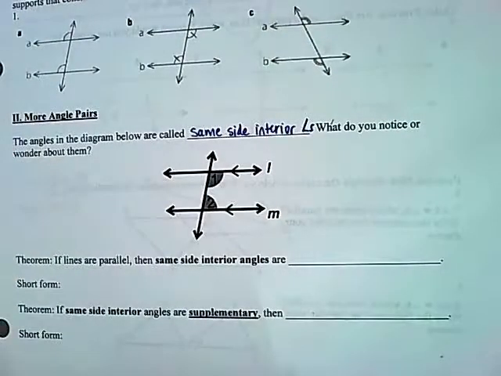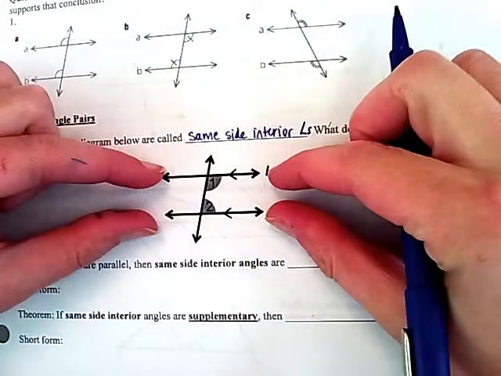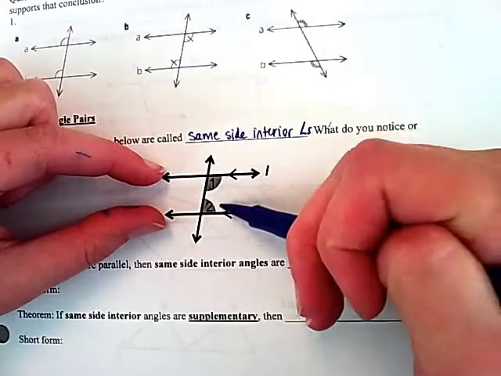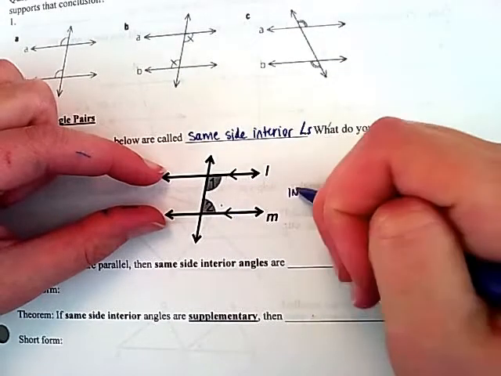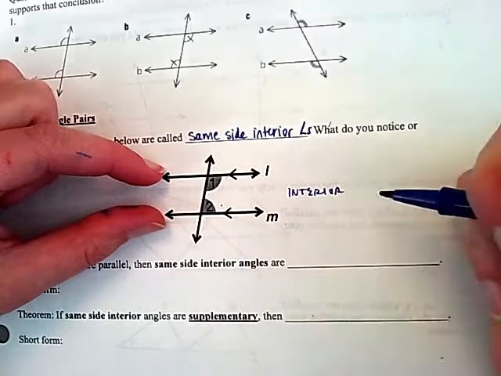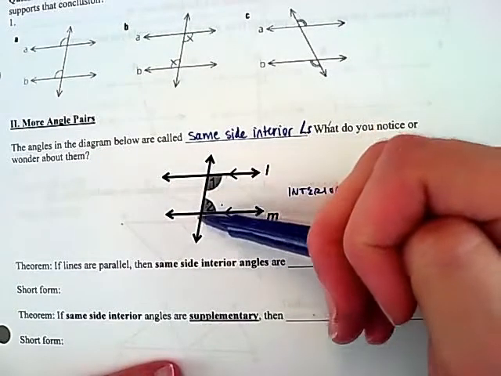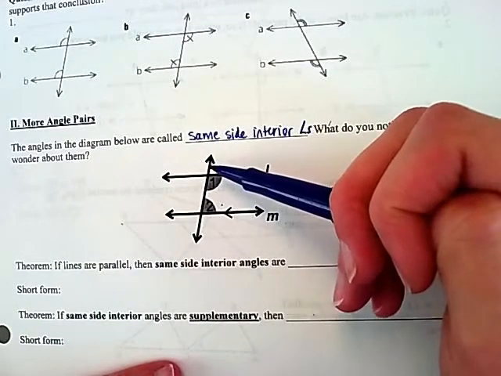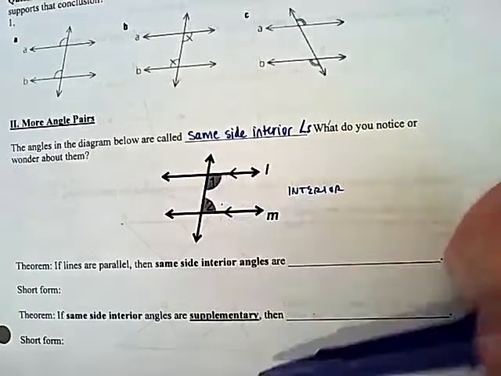They're both on the interior of the two lines, in the sense that they're both in between these two lines. And they're on the same side of the transversal. If this is the transversal here, they're both on the right side of that transversal.